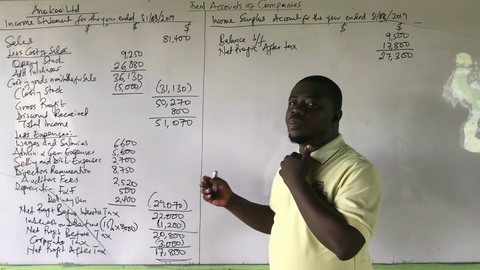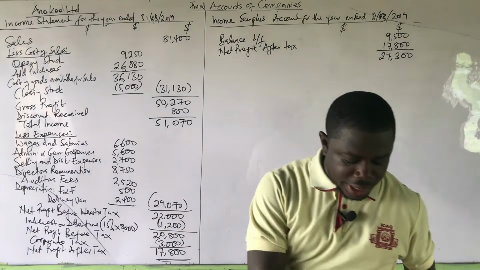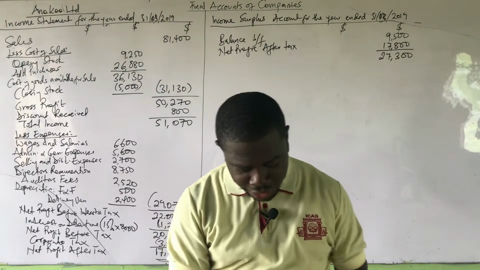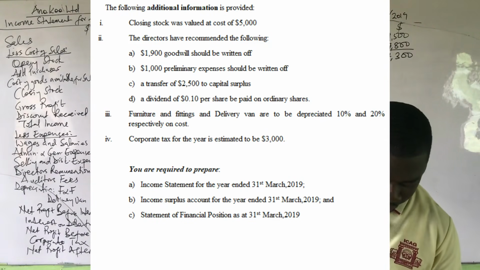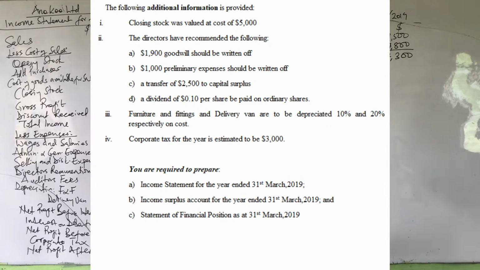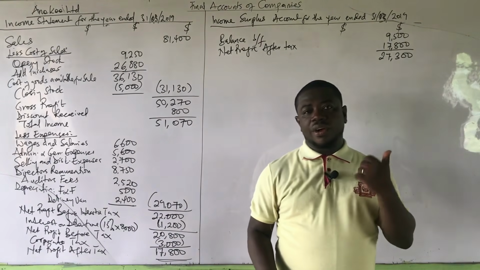Now this is where we need to pay attention to the recommendation of the directors in the additional information. We are told that the directors have recommended the following. First one is to write goodwill off at $1,900. Now, goodwill was given to us at a value in the trial balance. So we are writing it off.